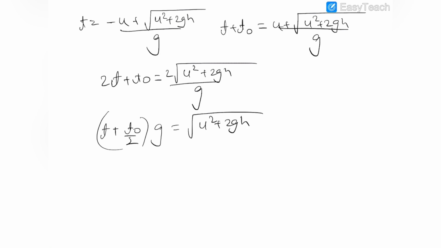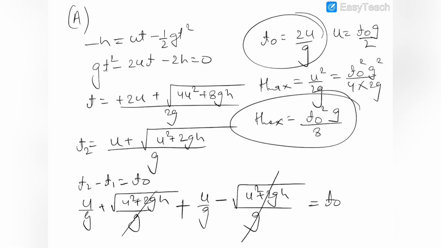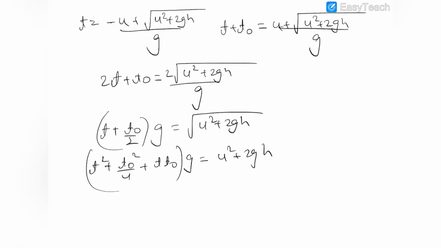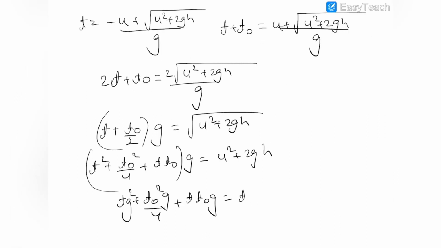Squaring these, we get t plus t naught square by 4 into g square is equal to u square plus 2gh, and we have already calculated the value of u, which is t naught g by 2, so u square is t naught square g square by 4, plus 2gh.